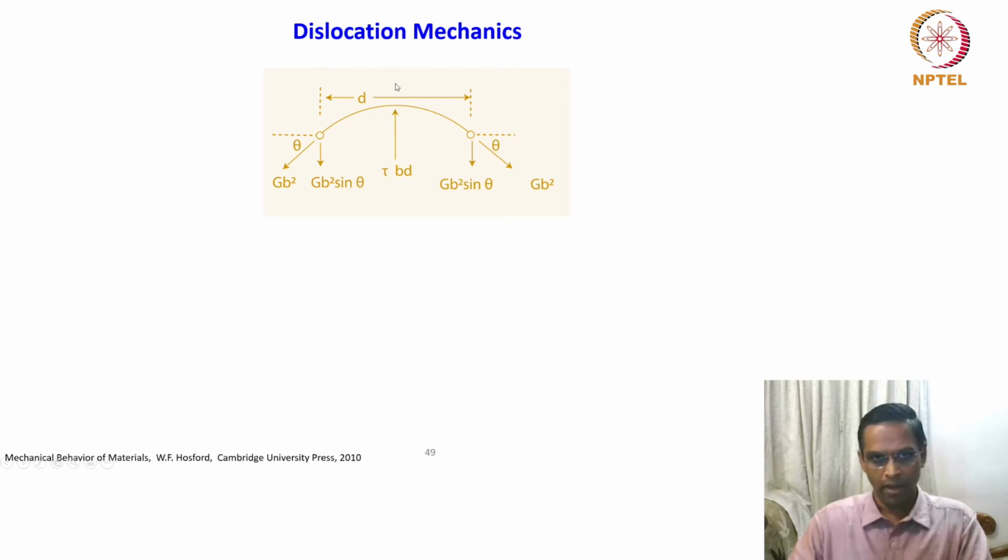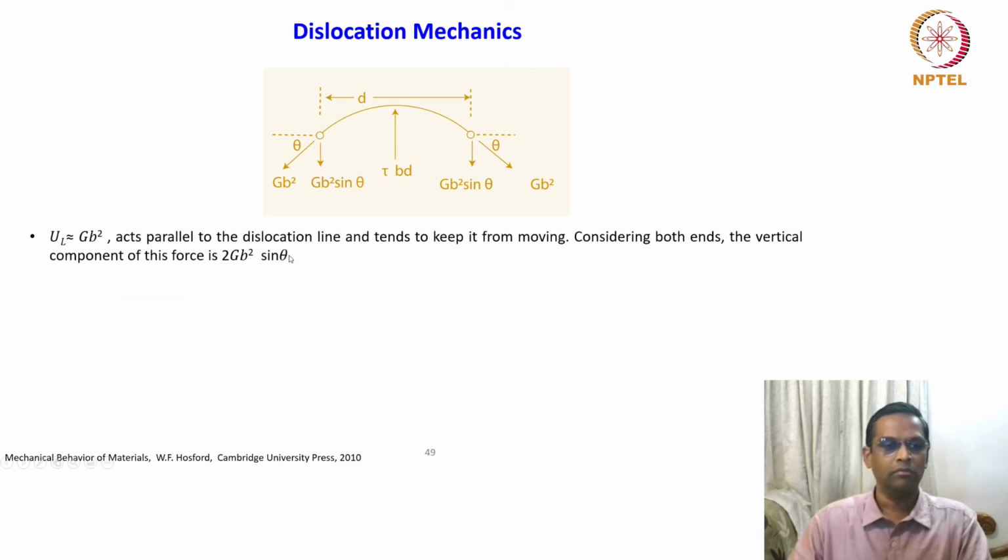The line tension, G b squared, acts parallel to the dislocation line and tends to keep it from moving. So considering both ends, the vertical component of this force is 2 G b squared sin theta. This is the vertical part.